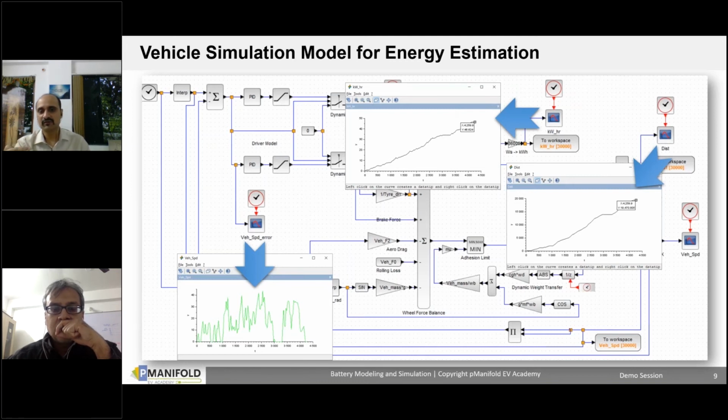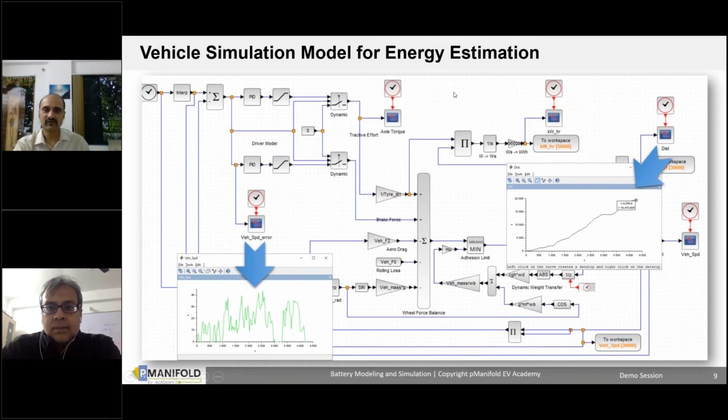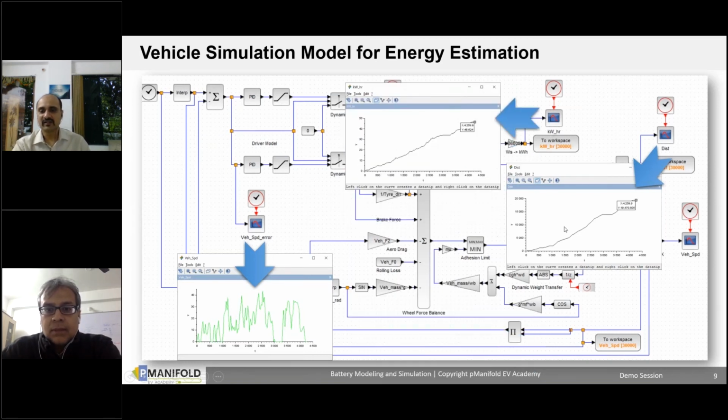You just do a force balance, and whatever propulsive force is required will determine your power, and then integrating over the cycle will give you the energy, and that energy and the distance will determine your energy efficiency, and it is all driven with respect to your target velocity profile to the driver.